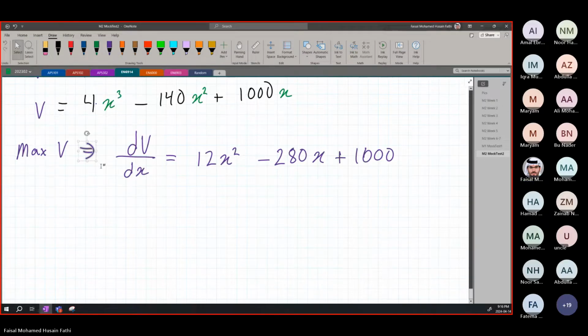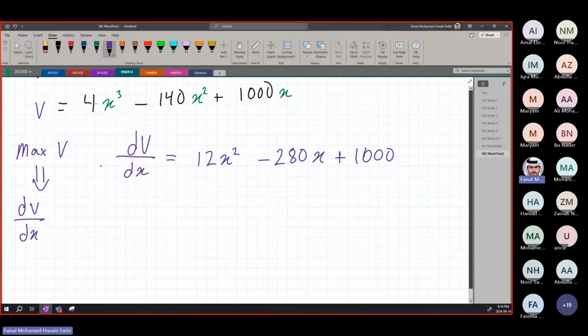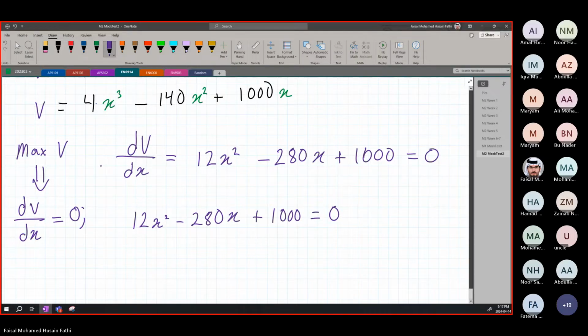So again, max v implies that dv by dx should be equal to 0. Okay, so all of this has to be equal to 0. So our equation is 12x squared minus 280x plus 1000 is equal to 0.